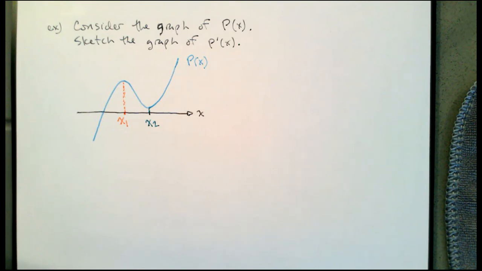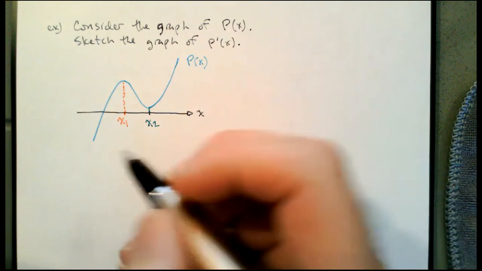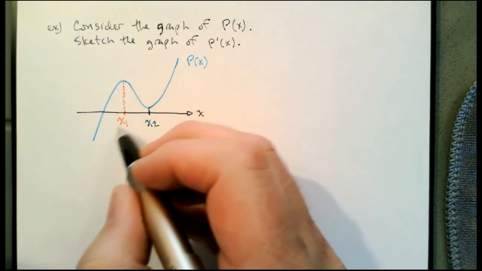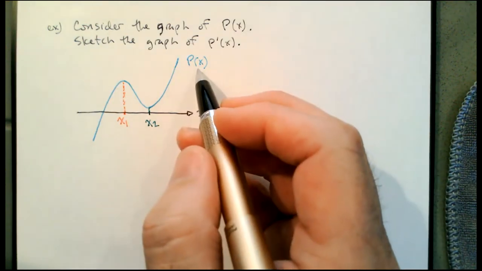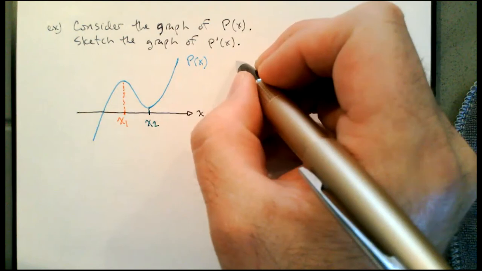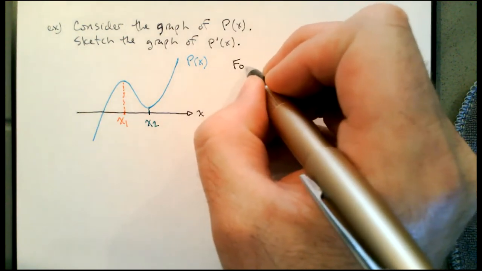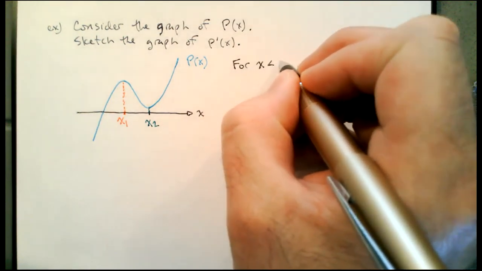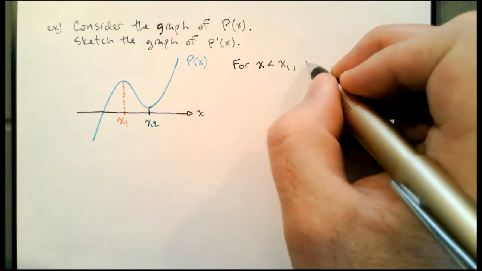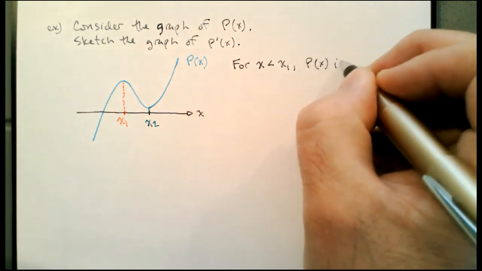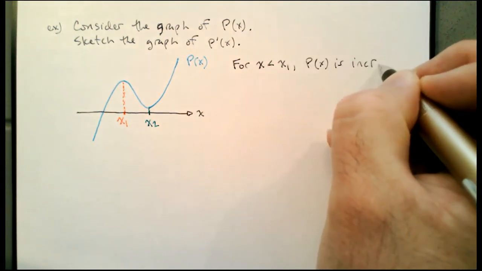So we're looking for where p of x is going to be increasing, decreasing, and flat. We notice that for x less than x1, before x1, p of x is increasing.